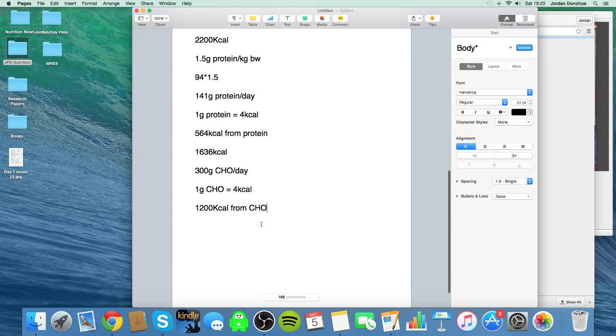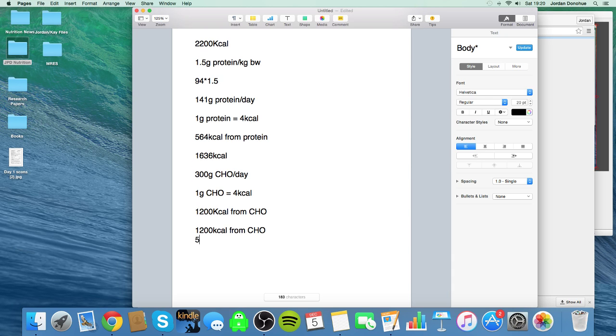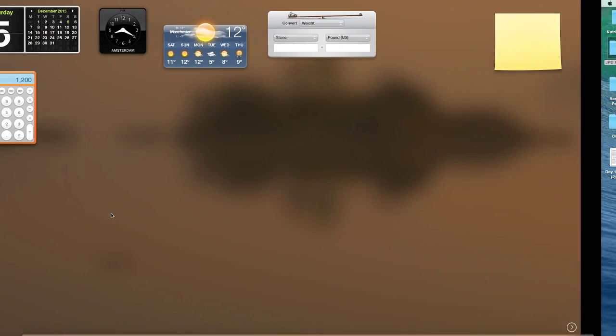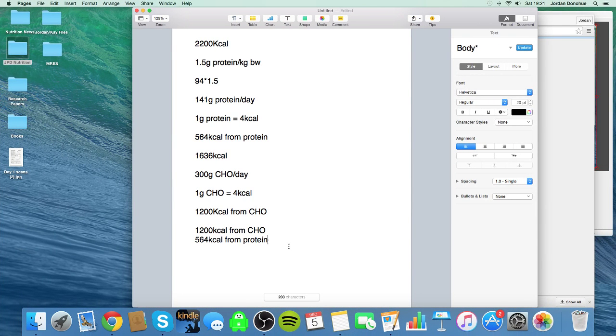So now, what we do is we add 1,200, which is the amount of calories we are getting from carbohydrate, and the 564 we're getting from protein. 1,200 plus 564 equals 1,764. Now we know that our total daily calories is 2,200.